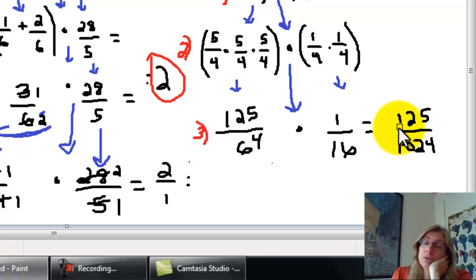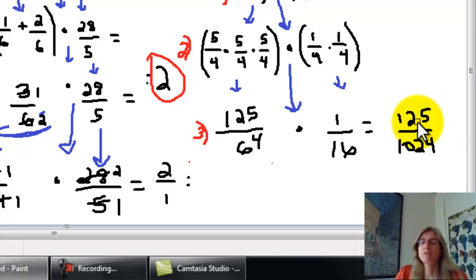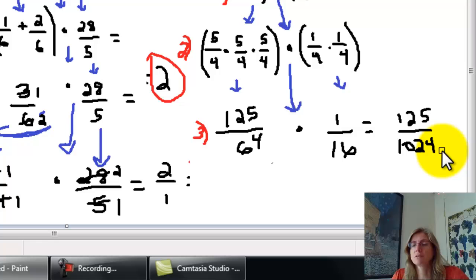Looking at a few divisibility rules, this is not looking like it will reduce. If I look at the divisibility rule for 3, 1 plus 2 is 3 plus 5 is 8. It's not divisible by 3. It's not divisible by 9. It's not divisible by 4 because the last two numbers are 25. It is divisible by 5, but this is not.